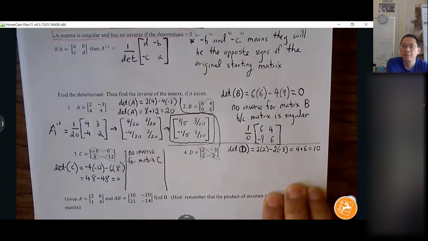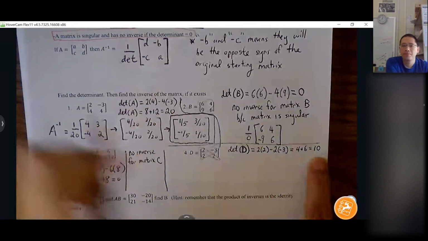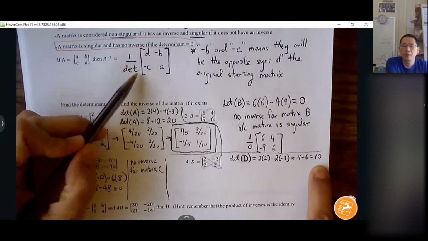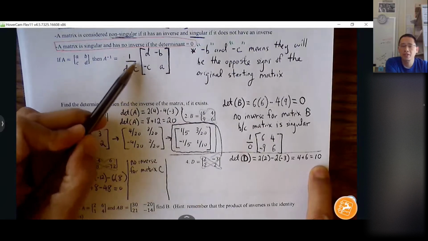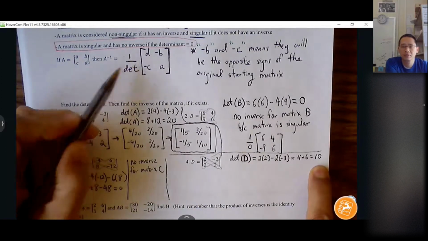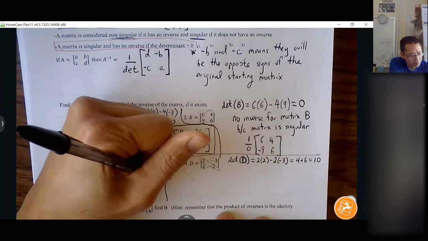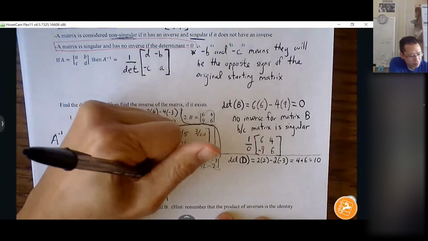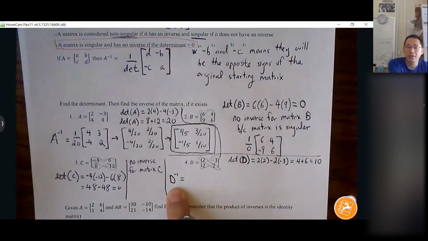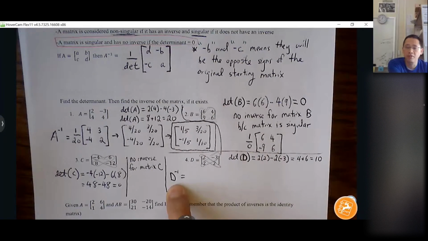It's 10. Once you have your determinant, put it in the denominator of your fraction outside the matrix. Use the notation to indicate that you are about to find the inverse of matrix D.